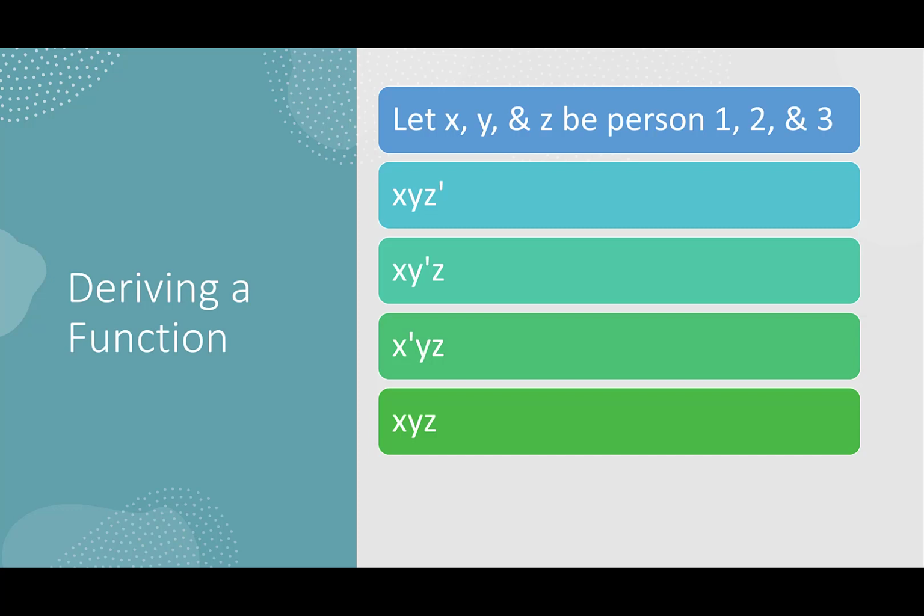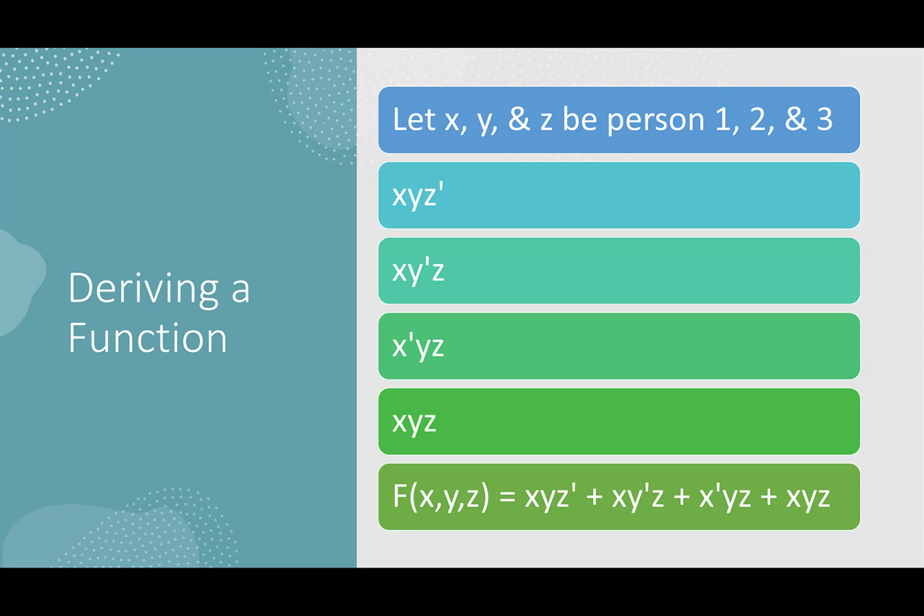So with all of these possibilities here, now our function is simply ORing all those together, right? And that's our function. F of x, y, z will be this function right here, which is all those things ORed together. As long as any one of these is true, the output of this function will be 1. And if none of those are true, then the output will be 0.